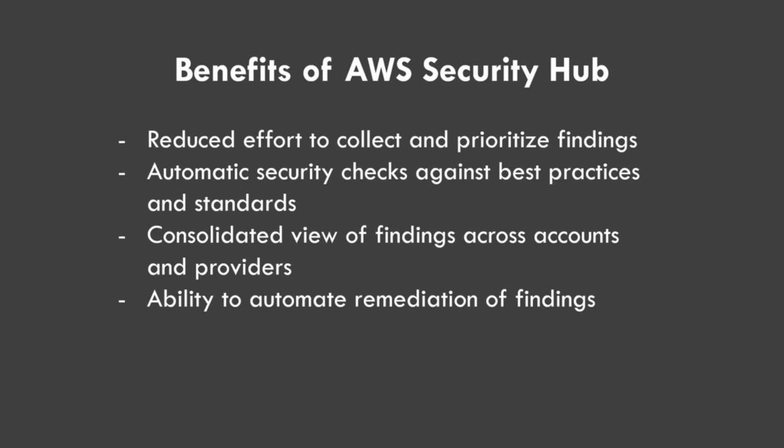As I said, this is not limited to one account. You can use Security Hub to get your findings across different accounts within an organization. So I hope this concept is clear to you, in terms of the basic concept of why Security Hub was introduced by AWS and what the benefits of using Security Hub are.